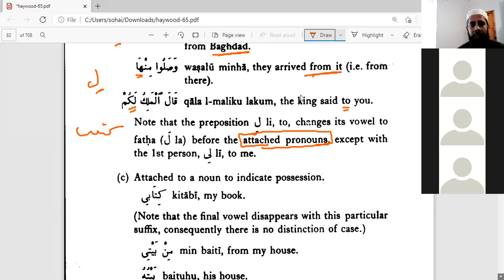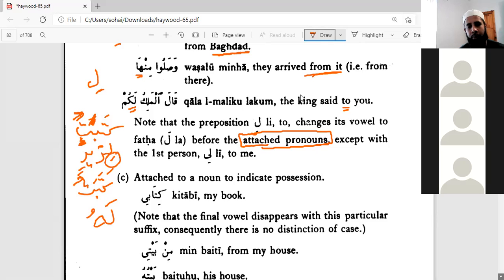For example, katabat li zaydin, she wrote to Zayd. But with an attached pronoun, it's not lihu, it's lahu, because when it's an attached pronoun, the kasra changes into fatha.